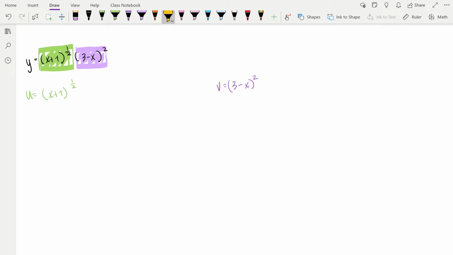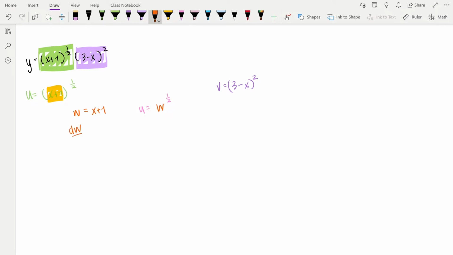Let's start with du. Immediately we see we need the chain rule because it's a composite function. For the inside, I already used u, so I won't use it again. I'll use w. That's my inside function, which allows me to rewrite u as w to the power 1/2. So I take the derivative of each part.